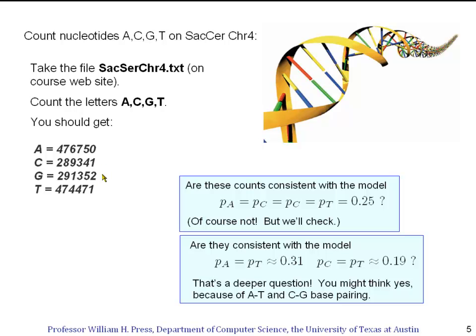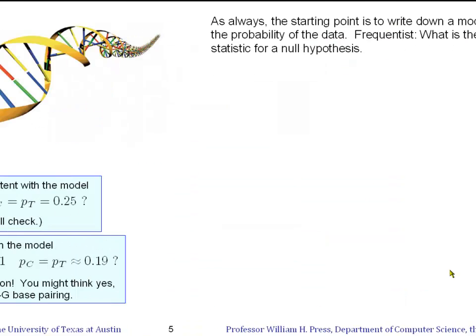Whereas if these two numbers turn out to be close enough that they're consistent with having equal probabilities, and it's just random fluctuations that are making the counts different, then we might think that the two strands should be statistically identical. And that's the biology question that we'll be answering in just a minute here.